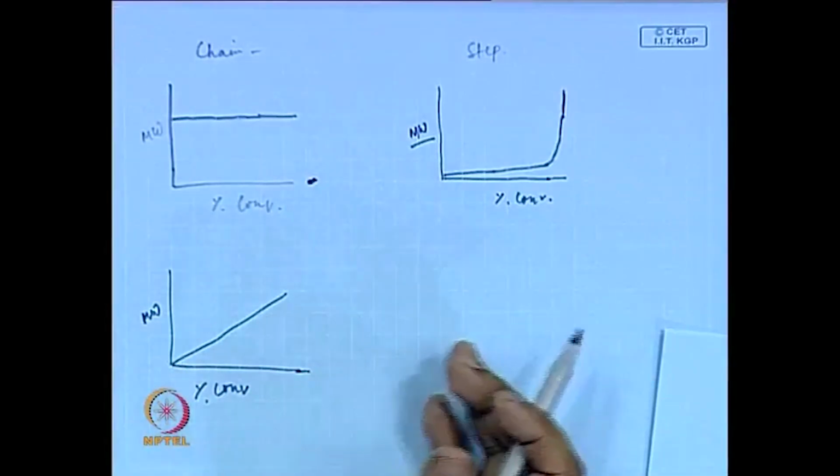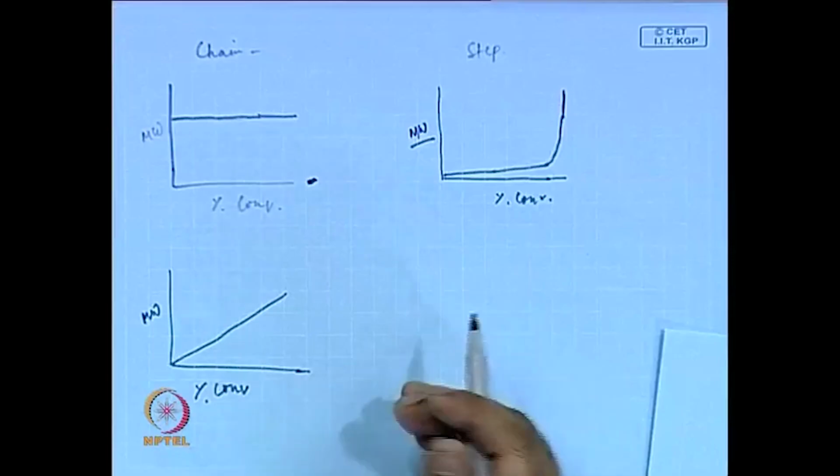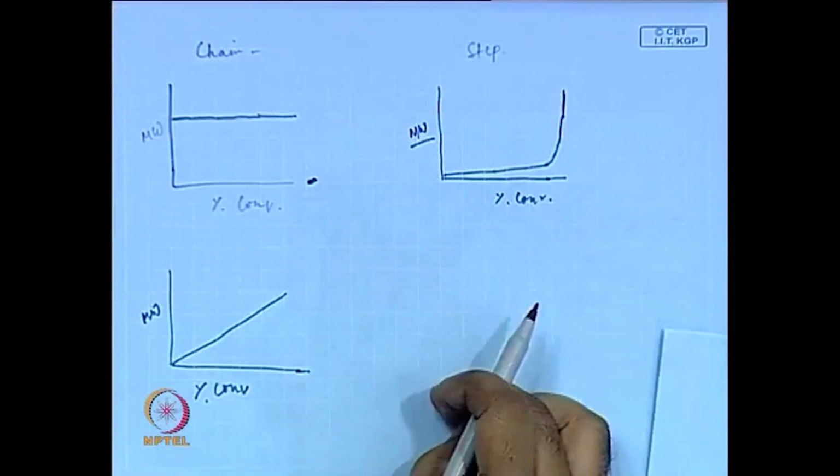But if you have a situation where your initiation is faster compared to the propagation or chain formation rate, that means the initiation happens quickly at the beginning, and as monomers get added to the reactive chain ends, your polymer chain grows linearly.